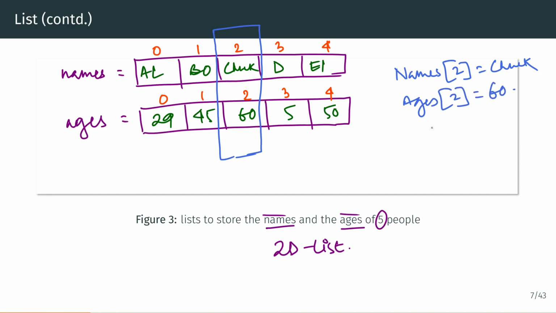So you can say that Chuck is 60 years old. You can say Al is 29 years old, Bo is 45 years old, D is 5 years old, L is 50 years old. So there is a sort of one-to-one correspondence.